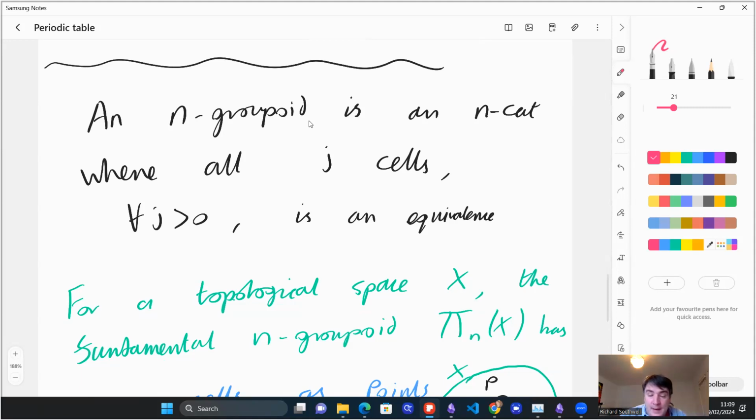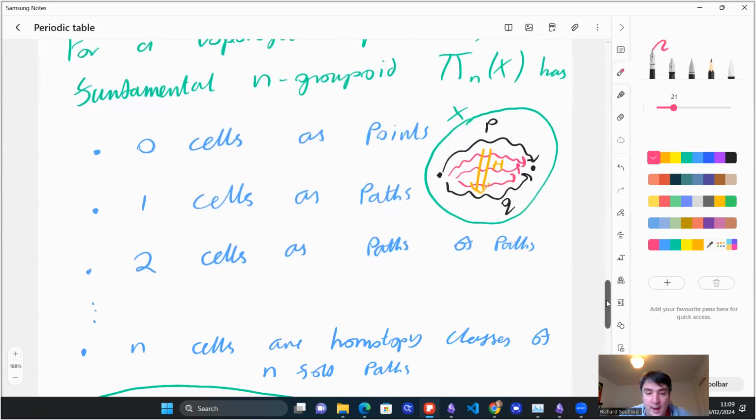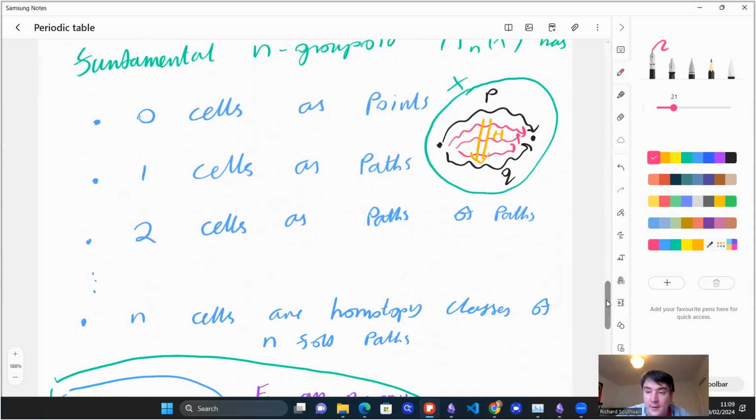So basically, if you have a topological space X, then you can speak of what's called the fundamental n-groupoid of X. It's an n-groupoid, and it's defined like this. The 0-cells are just going to be the points in the topological space. The 1-cells are going to be the paths between the points. And the 2-cells are going to be what we could call paths of paths, or homotopies between paths.